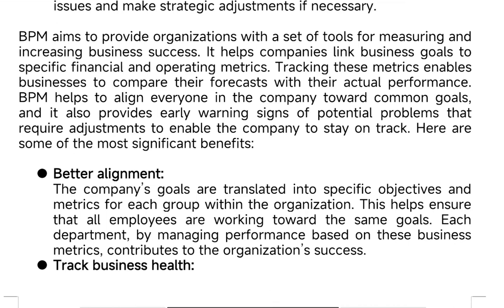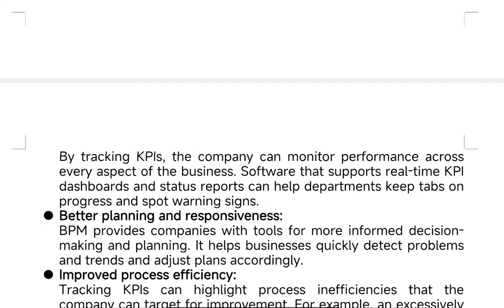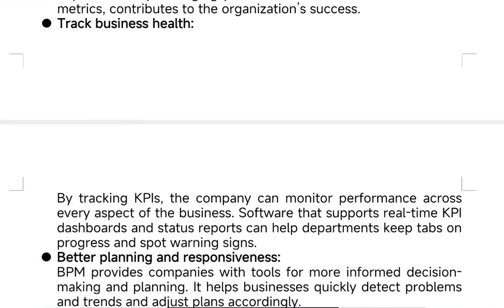Next is track business health, to monitor performance across every aspect of the business, to notify warnings and keep on track. It is also a benefit of BPM because you're able to track the business health, especially if your business, for example, is Jollibee, which is nationwide and also international.